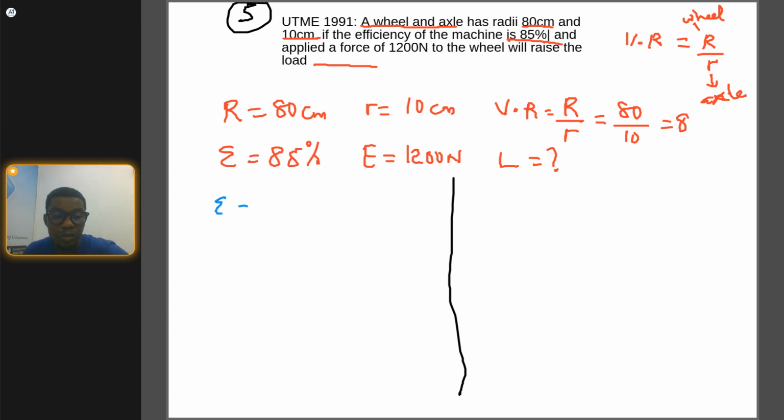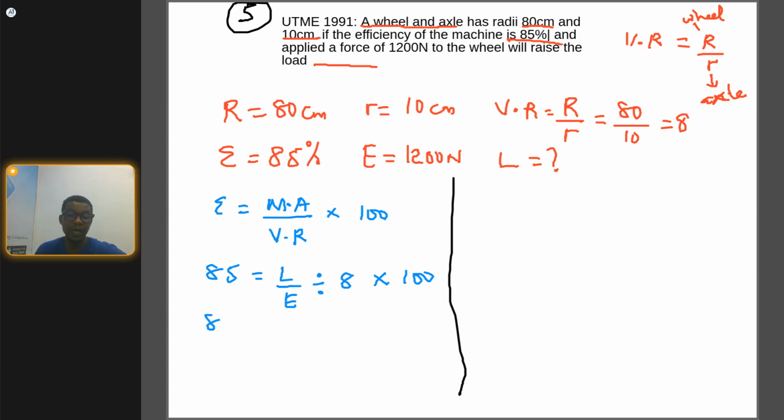Efficiency equals mechanical advantage over velocity ratio multiplied by 100, where efficiency is given to be 85. Mechanical advantage is given as load over effort, divided by the velocity ratio, which is 8, multiplied by 100.